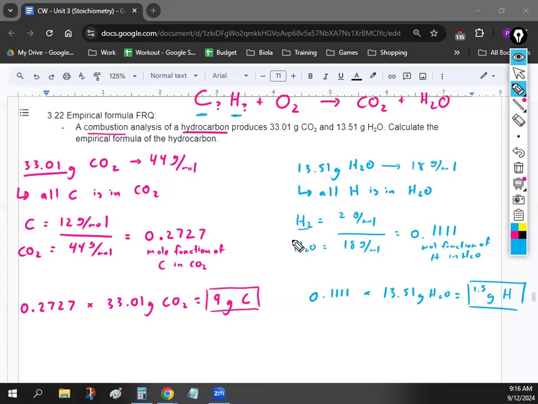Yeah, it's 1.5 for H. You could, yeah, as long as you understand that it's 1.5 grams of hydrogen in the system total. Yeah, the way that you denote it is however you want to, as long as you can keep track of it.